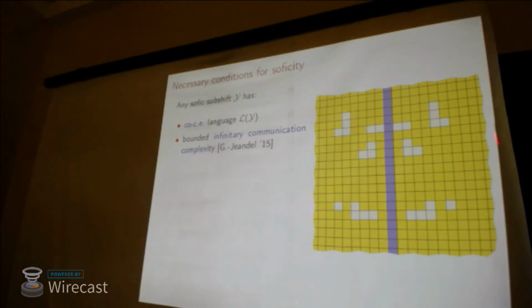Example: you see this subshift, which is defined by a line of blue, and on the left of the line of blue, if the line of blue appears, maybe it doesn't appear in the configuration, but if it appears, you force the left part to be the symmetric of the right part. Then look at the number of patterns you can find here.